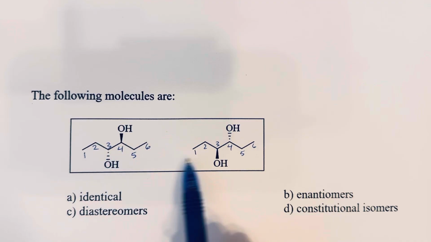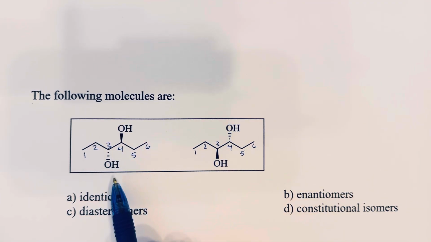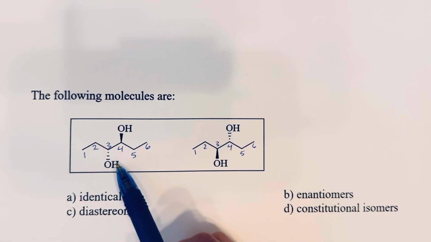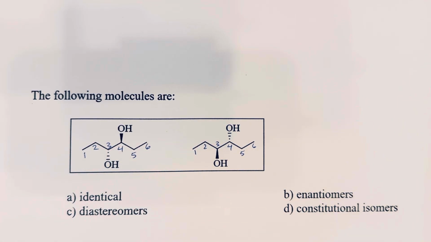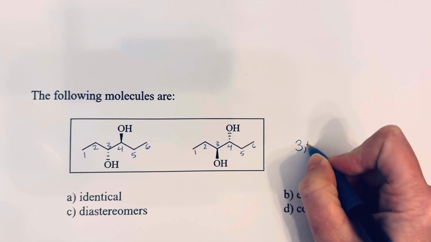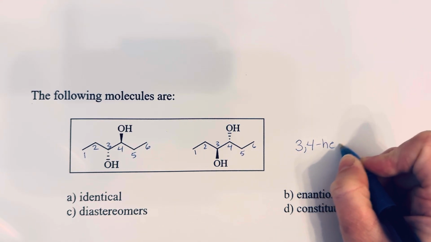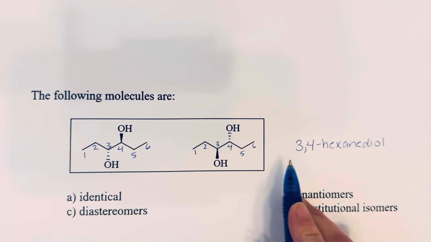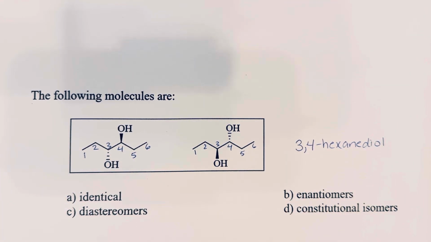With this quick numbering, we can see that on both molecules we have a 6 carbon chain, so it is a hexane chain, and we have alcohols on carbons 3 and 4. So these are both 3,4-hexane diol. Since that part of the name is the same, they are connected together the same, so they are not constitutional isomers.